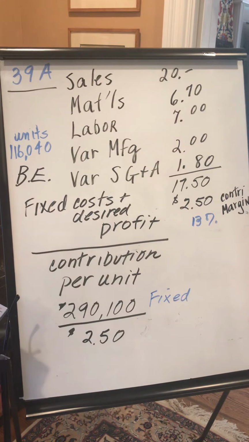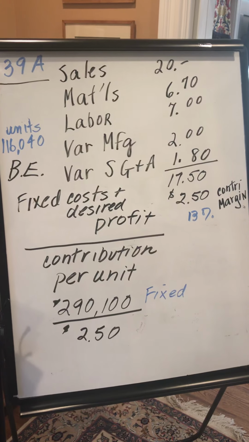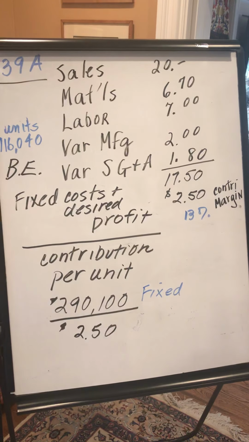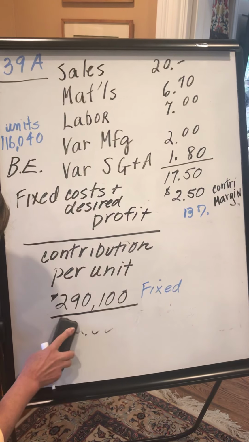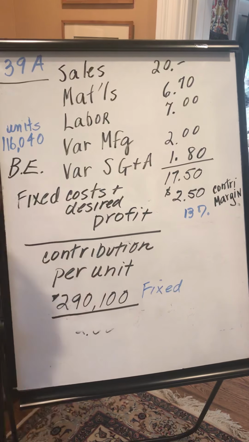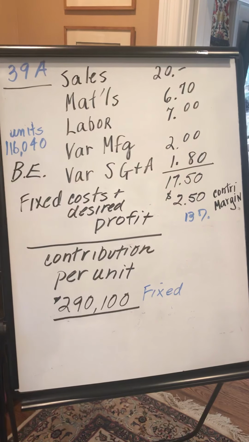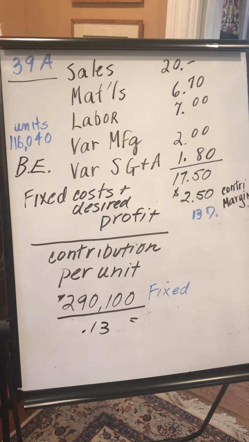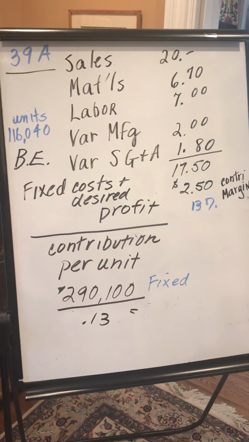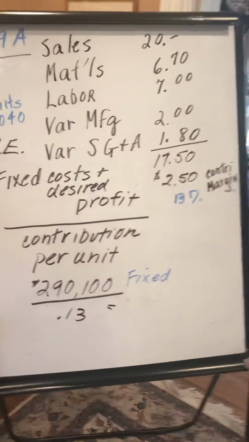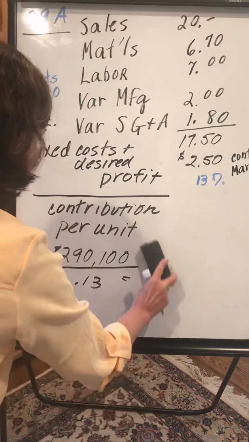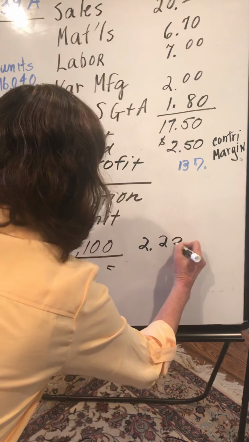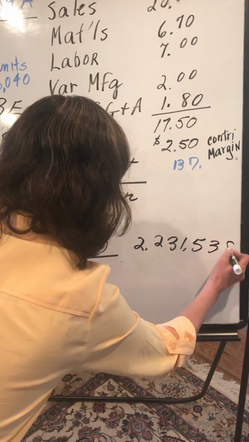So we're going to take the $290,100, which are the fixed costs given in the problem, and instead of dividing it by $2.50, we're going to divide it by 13%, 0.13. And that's going to give us $2,231,538.